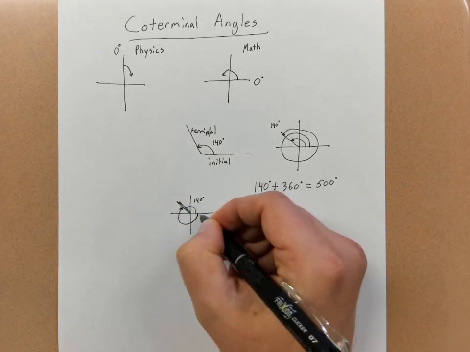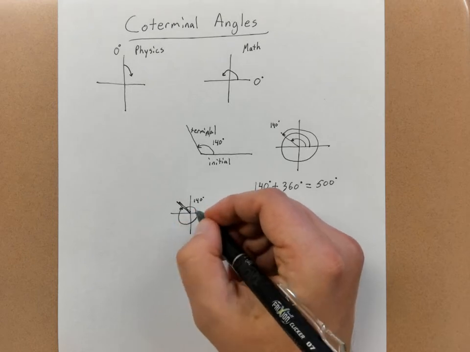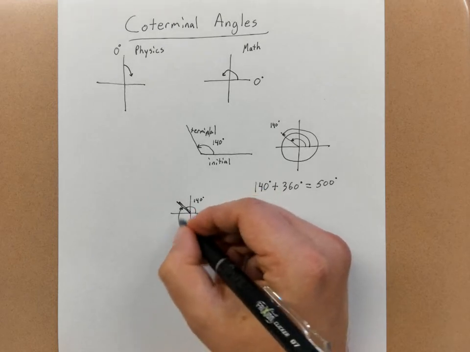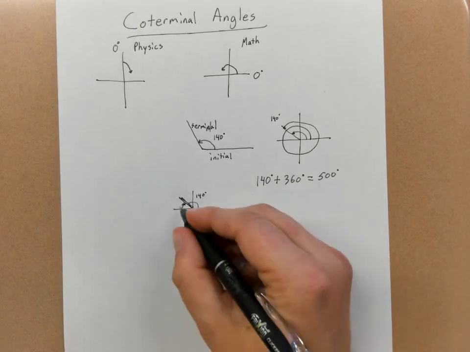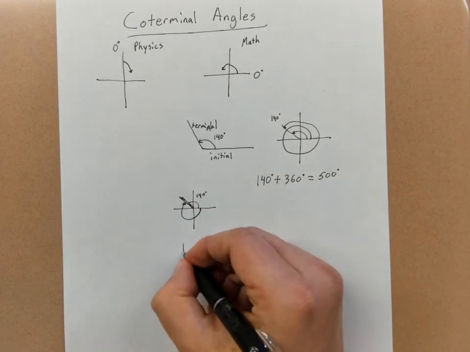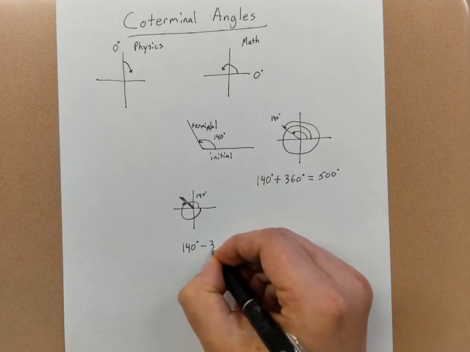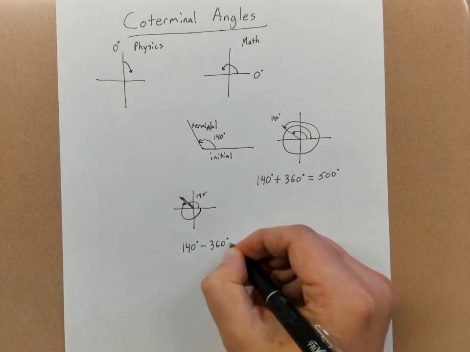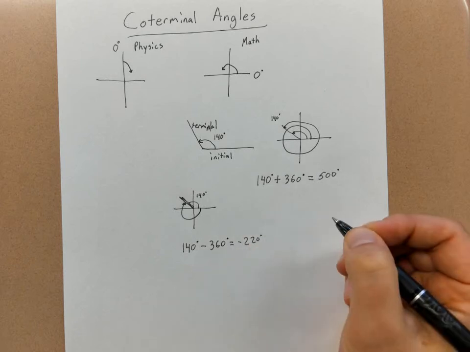Whenever you start going clockwise in math, that's going to be a negative angle. And so if I know that there's 360 degrees in a circle, to find that angle I could do 140 degrees minus 360 degrees, and that would equal negative 220 degrees.